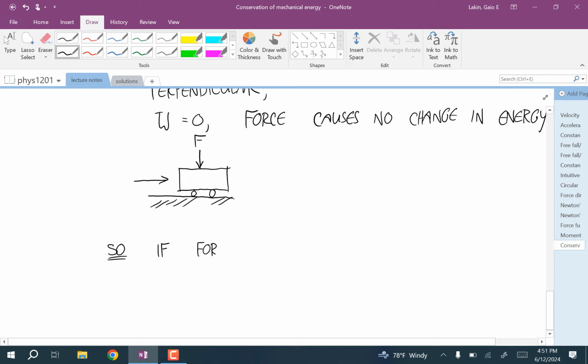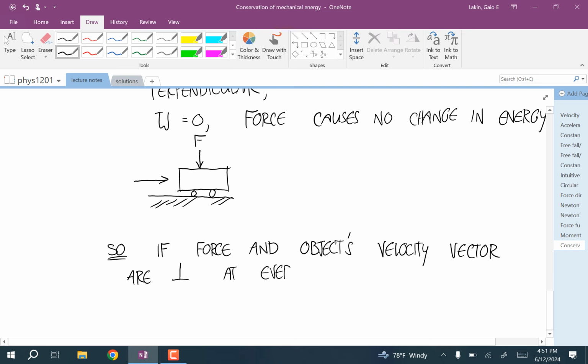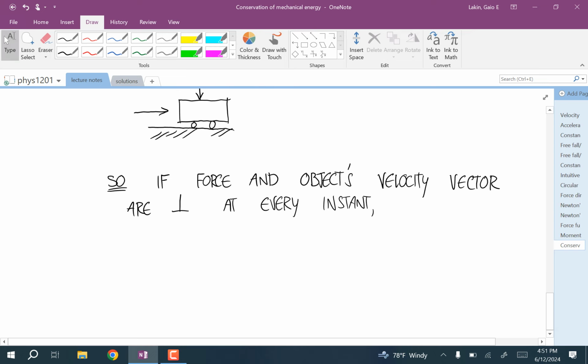If a force and the object's velocity vector are perpendicular to each other at every instant, then that force does zero work on that object.